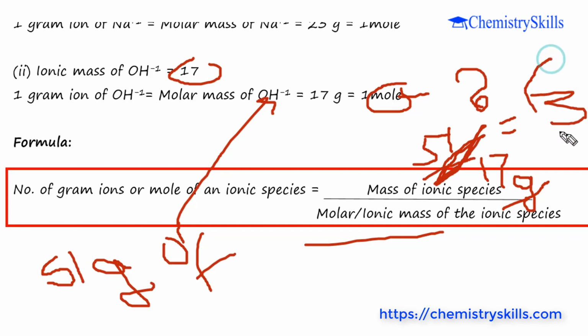So we will get 3 moles of OH ions from 51 grams of OH ions. Or if we would like to take 3 moles of OH ions, we will take 51 grams of OH ions. I hope, guys, you have got the concept of mole.